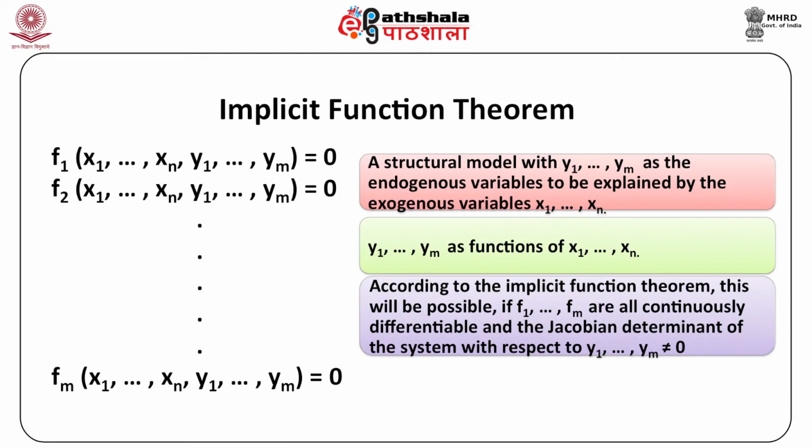Consider the equation system f1(x1 to xn, y1 to ym) is equal to 0, f2(x1 to xn, y1 to ym) is equal to 0, right up to fm(x1 to xn, y1 to ym) is equal to 0.